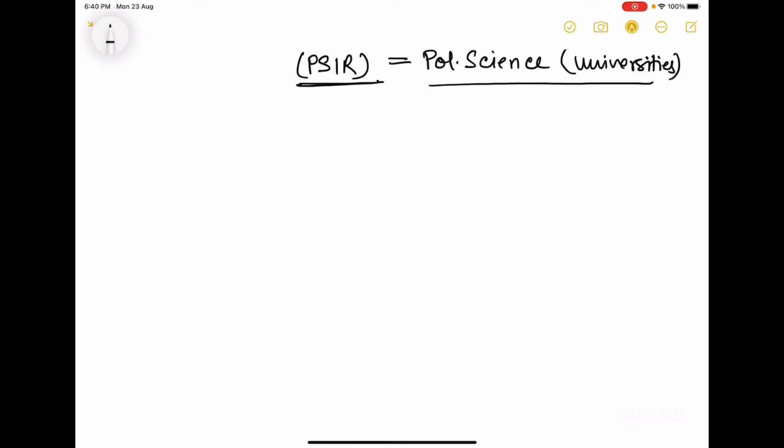The system of study, the pattern, the writing of answers might differ between these two examinations. But as far as the understanding, the topics and the discussions are concerned, I think we can amalgamate these two areas. And for that, let me discuss in detail the syllabus of PSIR.